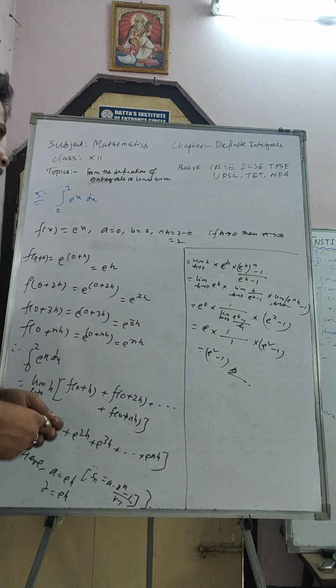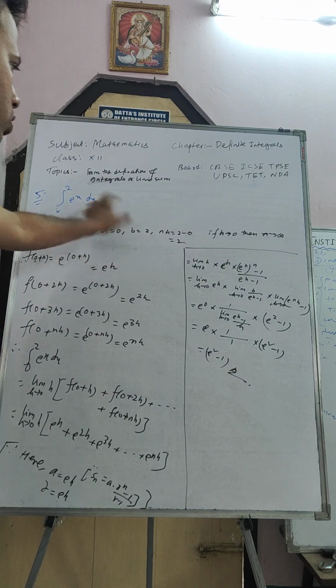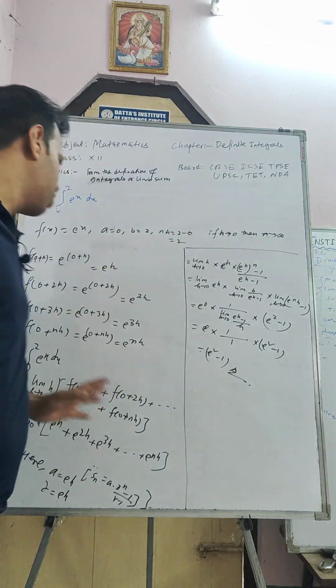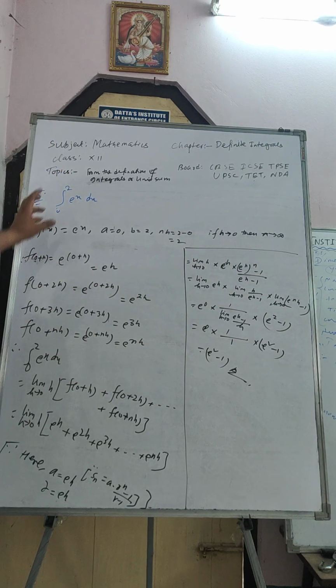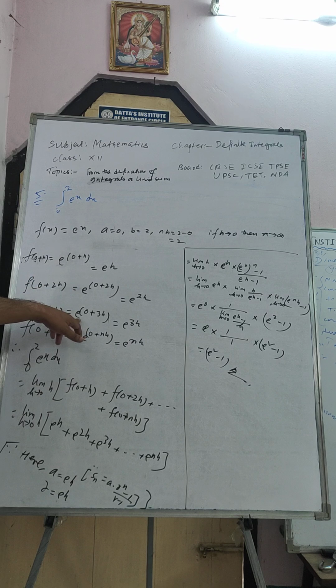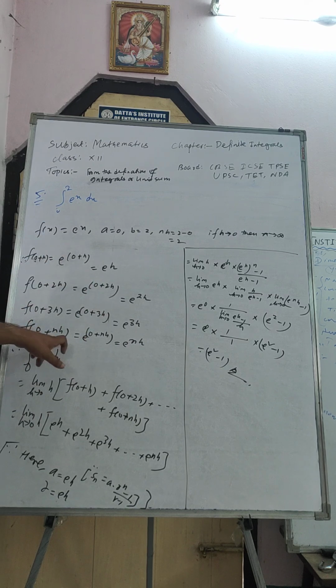Let me explain what I am doing here in 10 seconds. I first write the formula, with a equal to 0, b equal to 2, and nh equal to 2 minus 0, that is 2. If h tends to 0, then n tends to infinity. Now I find the values: f(0 plus h) is e to the power h, f(0 plus 2h) is e to the power 2h, f(0 plus 3h) is e to the power 3h, and f(0 plus nh) is e to the power nh.